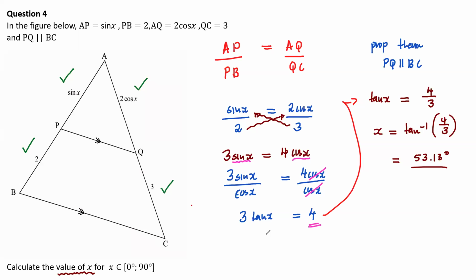Sine x over cos x is the quotient identity, it becomes tan x. Divide by 3, tan x is 4 over 3. Shift tan. Your value of x, between 0 and 90, is 53.13. The more we do, the more we know.